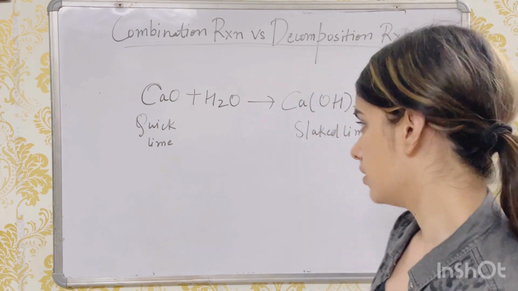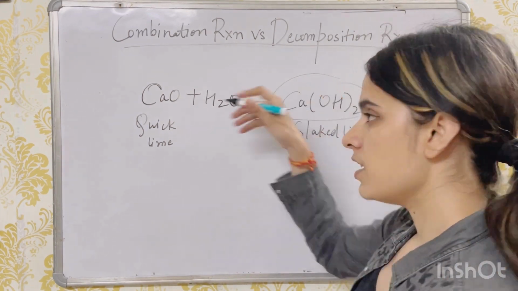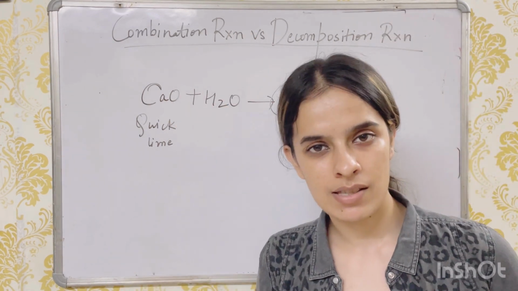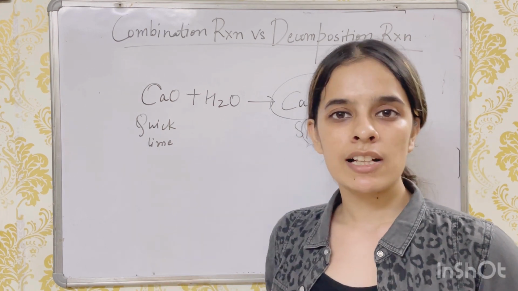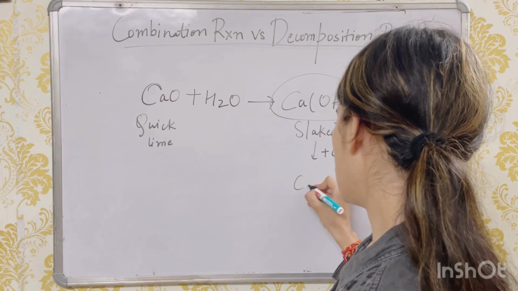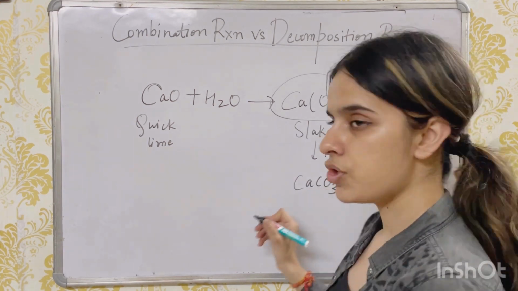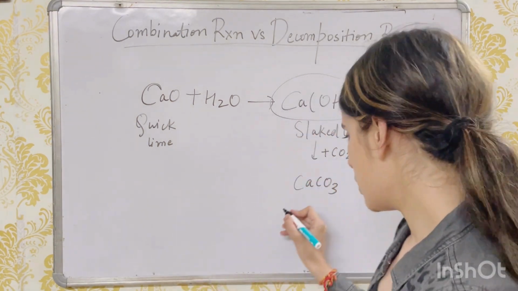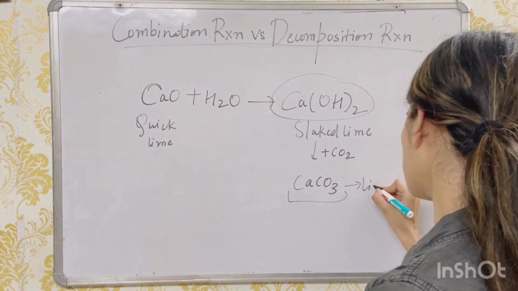And this slaked lime, when we pour it on the walls, will combine with carbon dioxide from the air and result in the formation of calcium carbonate, which is also called limestone.